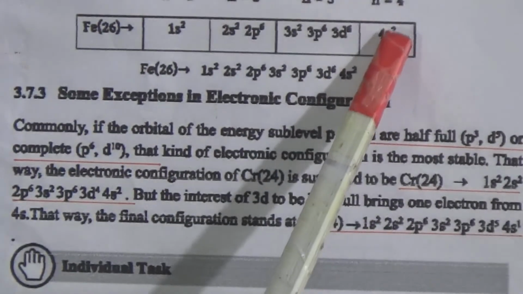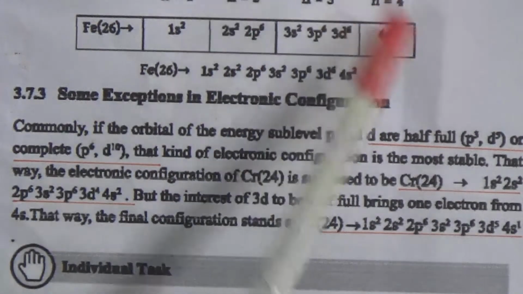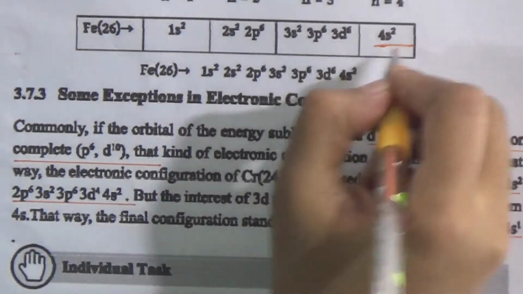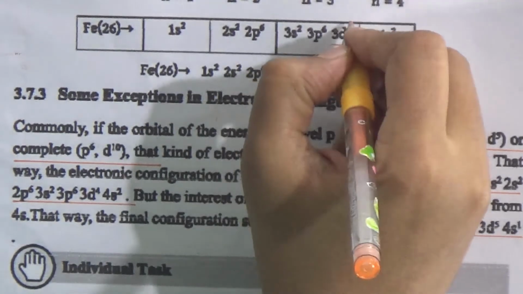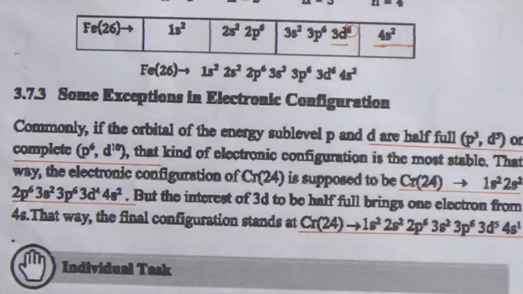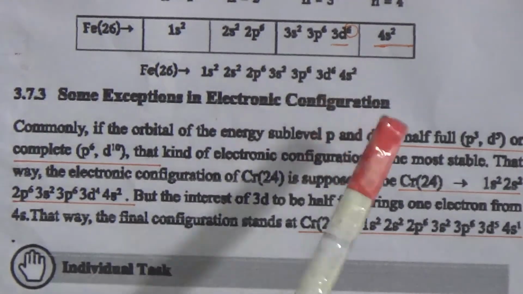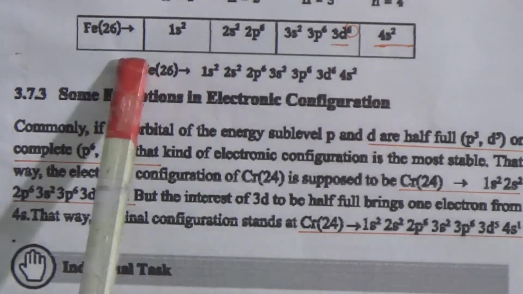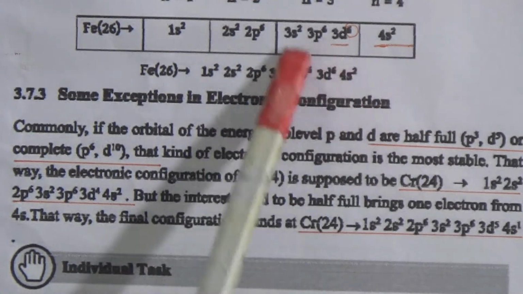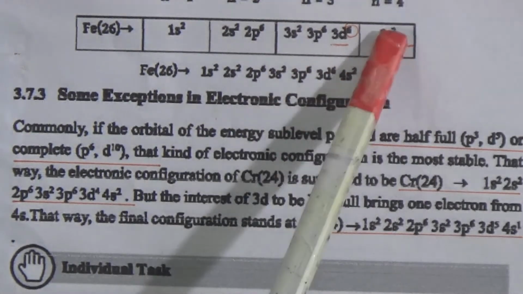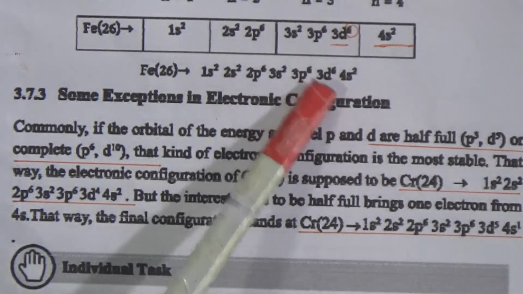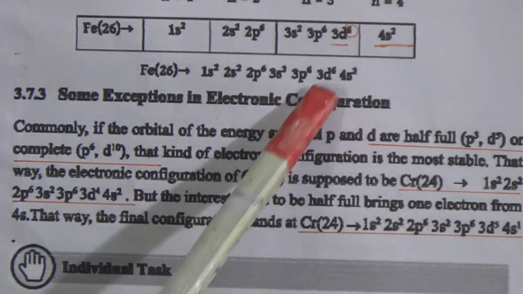First you will write 4s2, then after that put the electron number in 3d. That means you write all the orbital names in order, and when you put the electron numbers, first you write the number in 4s, then the number in 3d, otherwise you will make a mistake.